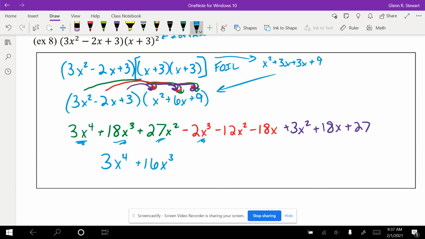Then I've got 27x squared, negative 12x squared, and 3x squared. So 27 minus 12 is 15, plus 3 is 18. 18x squared. Negative 18x and positive 18x cancel each other out, and left is 27.